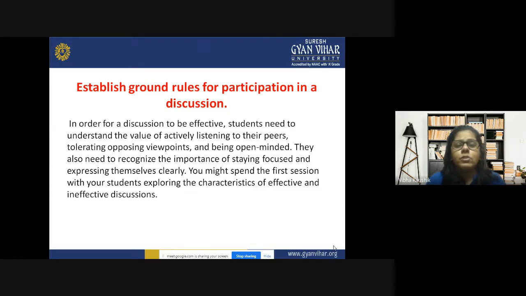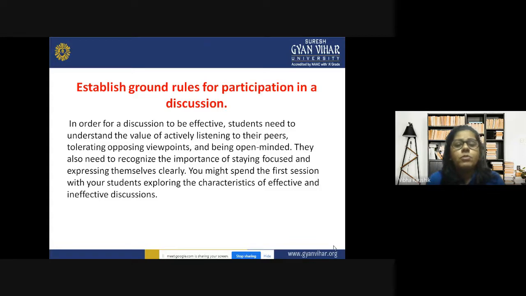In order for a discussion to be effective, students need to understand the value of actively listening to their peers. Means the student must understand the concept of active listening. They should understand that a discussion will be effective or purposeful only when they develop the habit of actively listening to what the other members of the group are saying.